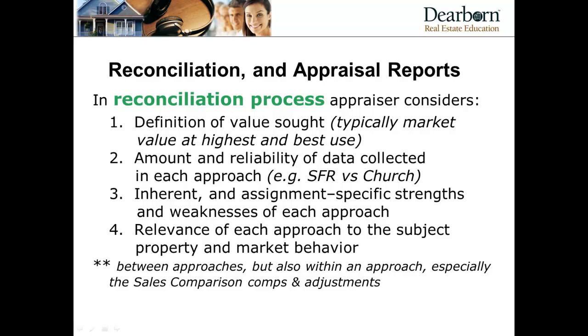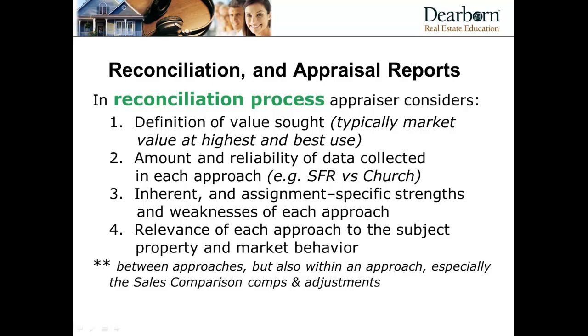You also need to look at what are the inherent strengths and weaknesses, as we discussed earlier, based on the type of property there in point number 2, as well as the assignment specific strengths and weaknesses of each approach. So were you able to gather a large amount of good, reliable data in this particular market for this particular property?